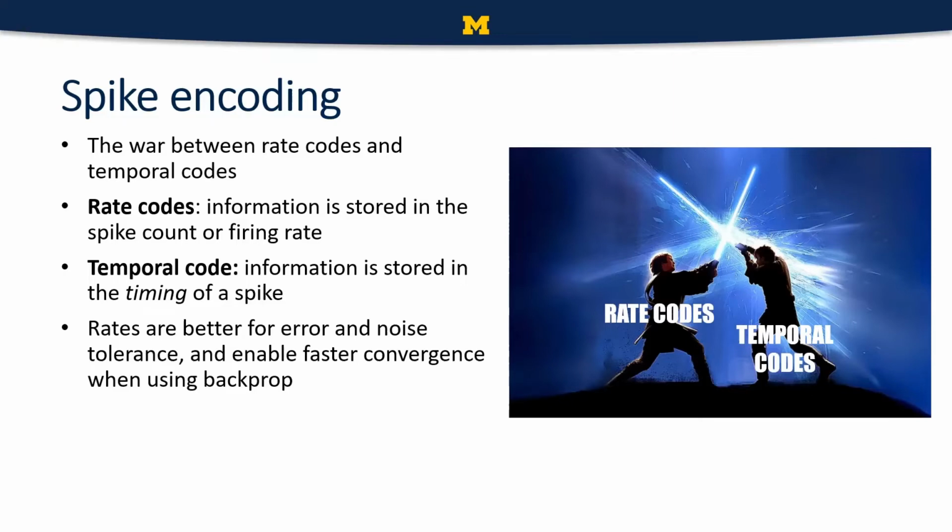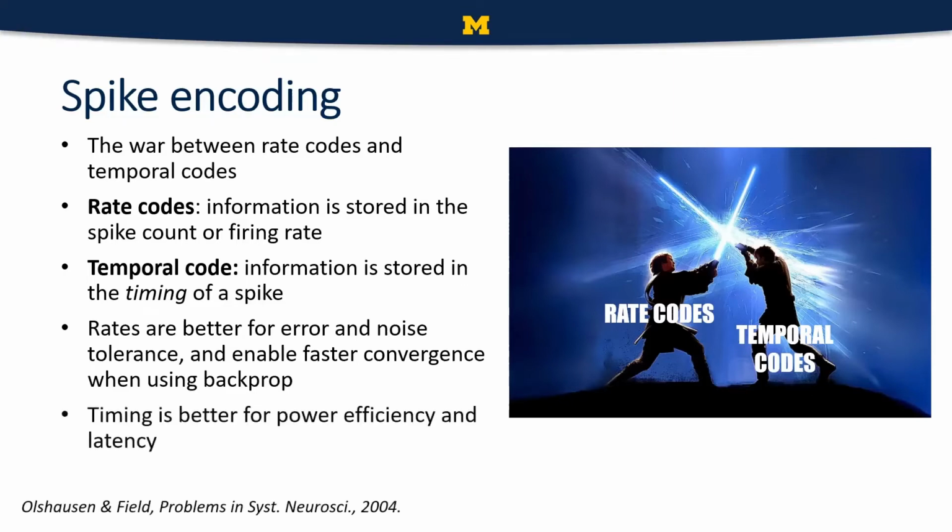What I found really interesting, though, was the paper cited below by Olshausen and Field, from around 2004, called "What is the other 85% of V1 doing?" V1 refers to one of the layers in the visual cortex, an early vision processing region of the brain. He asks, what is the other 85% doing? Because from the 1950s, people thought that rate codes were all that the brain implemented.